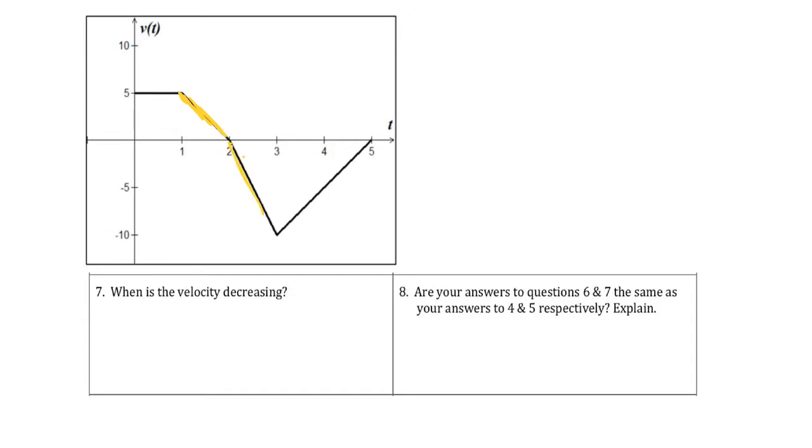We are also decreasing. So here, and there's a small break here, so we do need to be careful with that. So we're going to say that our velocity is decreasing from 1 to 2, and also from 2 to 3. Oh, well, it'd help if I put that t in between there.